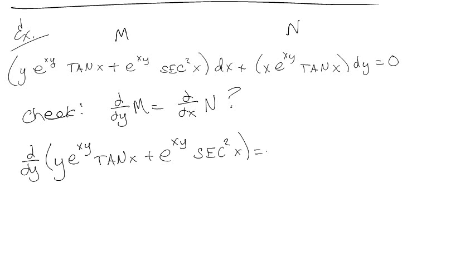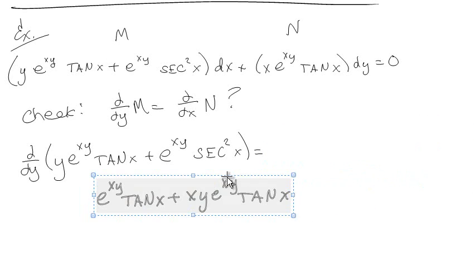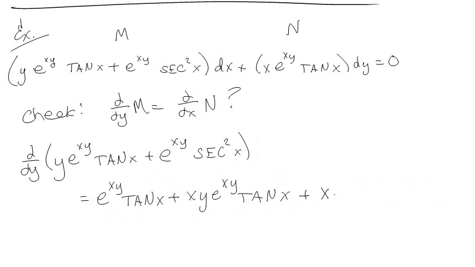If I take d/dy of this, we'll have to use the product rule on the first part: e^(xy) plus xy e^(xy) tan x, plus x e^(xy) secant squared x. Now hopefully the other thing turns out to be something similar.